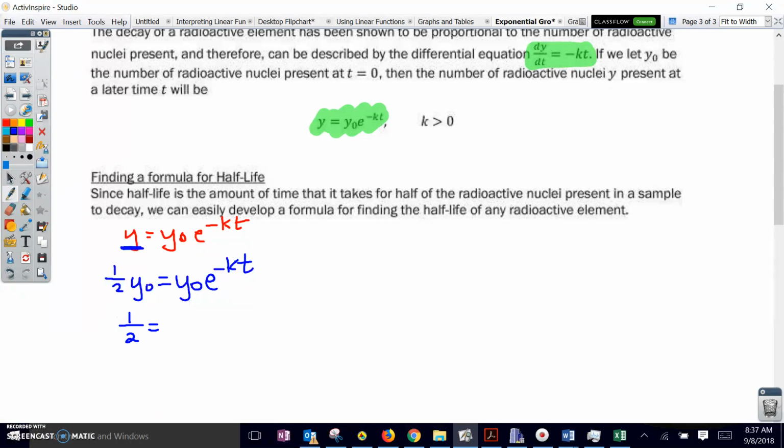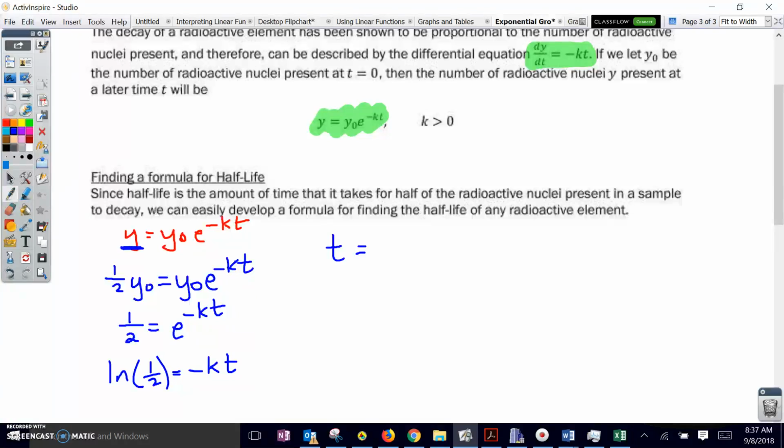And we get 1/2 is equal to e to the negative kt. And now we're going to go ahead and solve this for t, and that will give us the time for the half-life. So I'm going to take the natural logarithm of both sides, because the natural log of 1/2 is equal to negative kt. And then we're going to divide both sides by negative k.